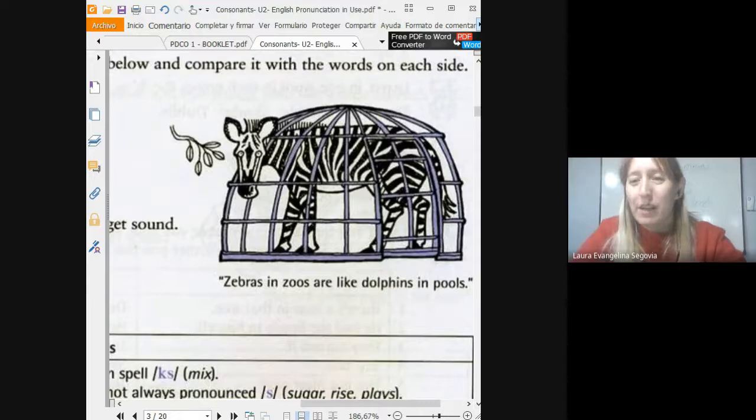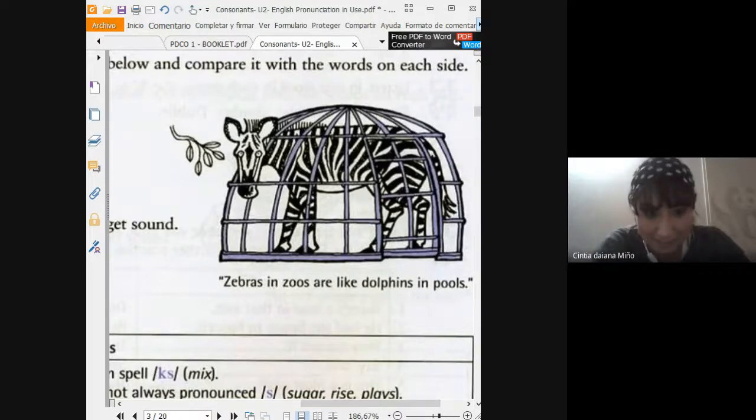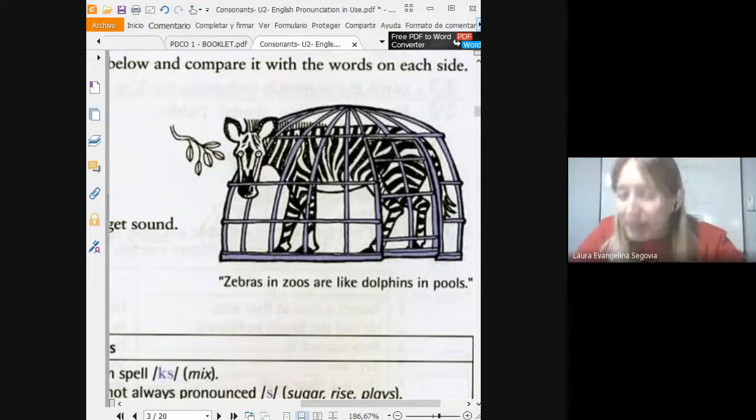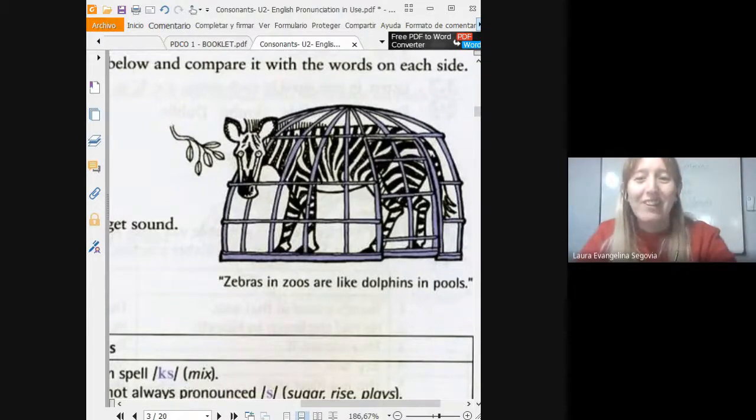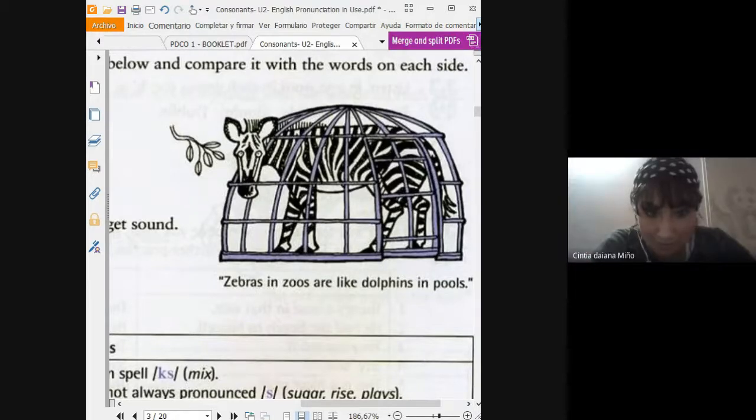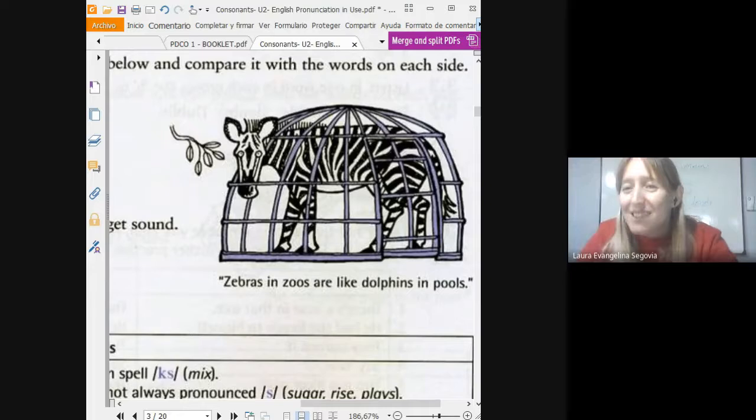Come on, Cynthia. Zebras in zoos are like dolphins in pools. You forgot the Z. Come on. Zebras in zoos are like dolphins in pools. Okay, good. Now as a queen. Zebras in zoos are like dolphins in pools. Which queen is that?